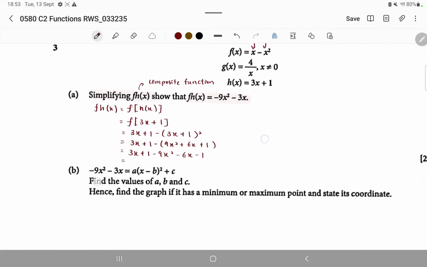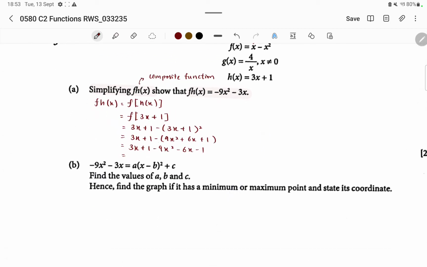So negative 9x squared, and then 3x minus 6x, you get negative 3x. Plus 1 minus 1 cancel out each other, you will get just like that. This will be your final answer.